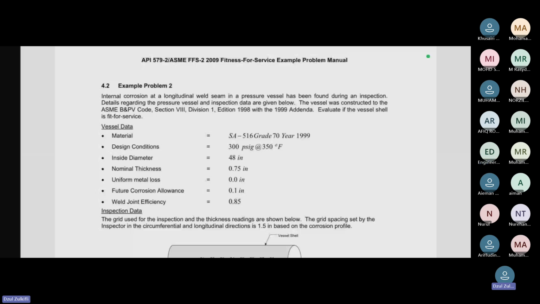I'll pause first if there are any questions. Yeah, one question from Imran. He's asking if there is any slide to be presented, because currently we are seeing the 579 example problem. Yes, correct. You are meant to see this problem first. The main focus of this presentation is to go over the problem example.